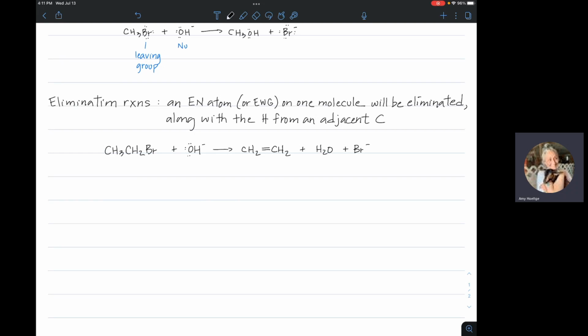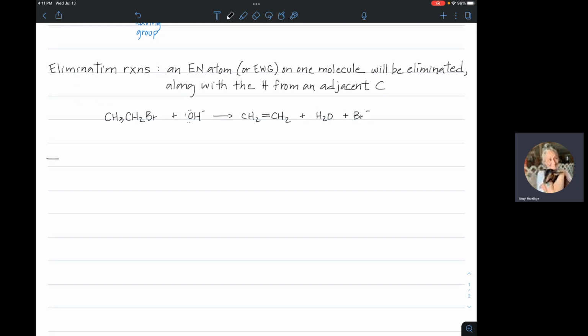There are a couple of different mechanisms or mechanistic pathways by which substitution reactions occur. So we're going to focus on that in this video, at least one of those. So there are a couple of mechanistic pathways by which substitution reactions can occur.